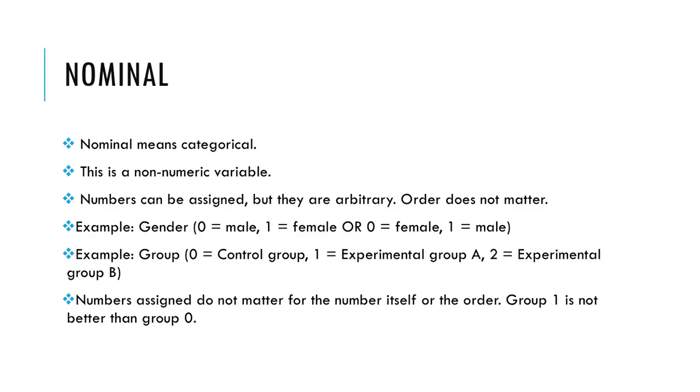They're just sticking with the basic one that's already in place. So then I would have 0 is my control group, 1 is one of the experimental groups, and 2 is the other experimental group. It doesn't matter what numbers I give these. This is just a grouping variable, okay? So numbers assigned do not matter for the number itself or the order. Group 1 is not better than group 0.